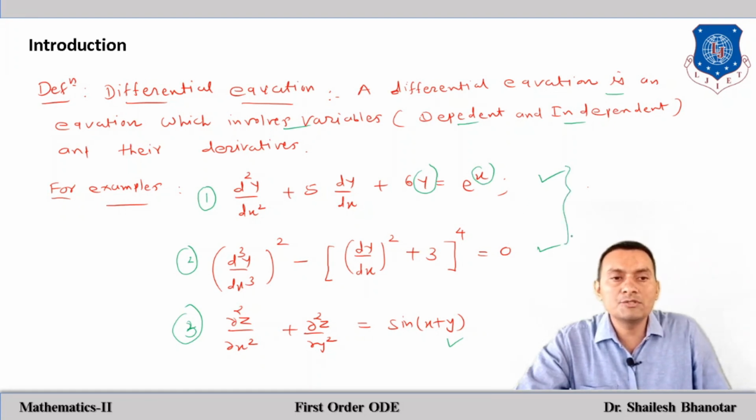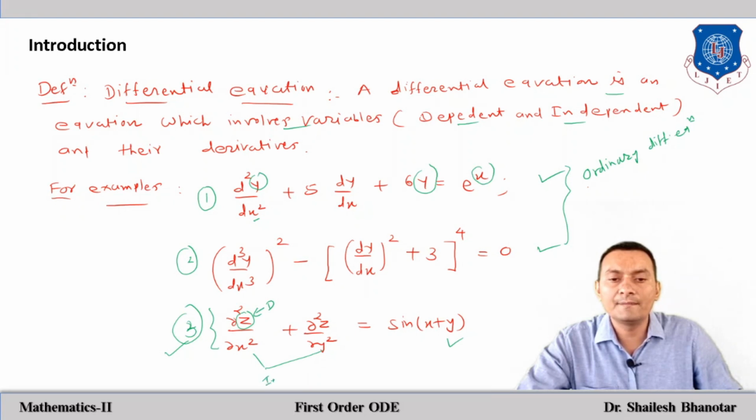But we can observe that the first two are ordinary differential equations. Why are they known as ordinary differential equations? Because the dependent variable is y and the independent variable is x. But in differential equation number 3, the dependent variable is z, and the independent variables are x and y, and therefore it is known as a partial differential equation.